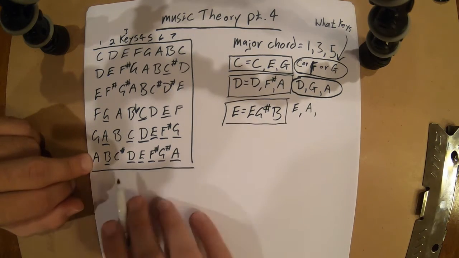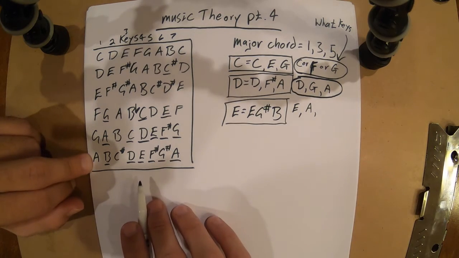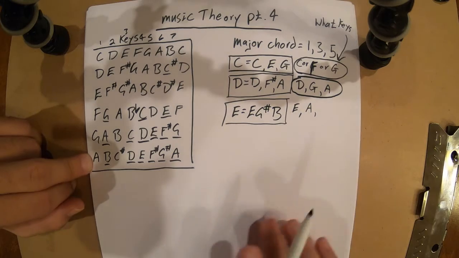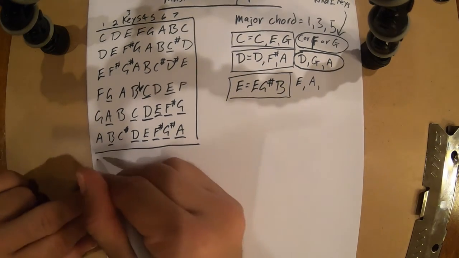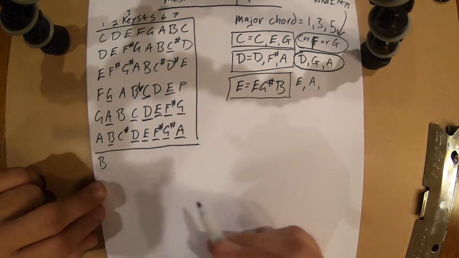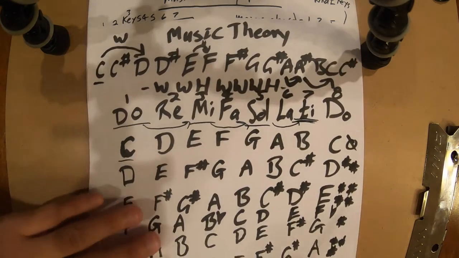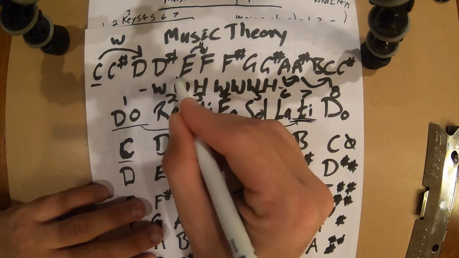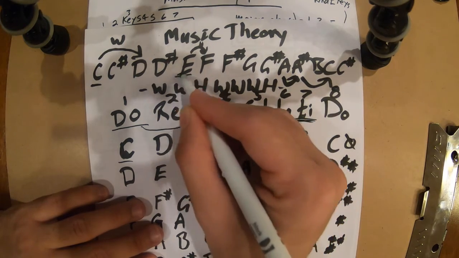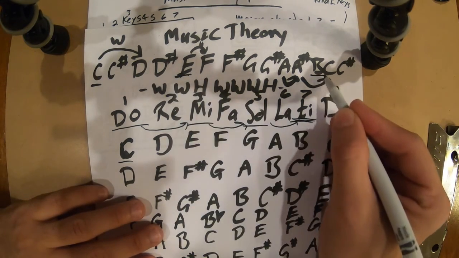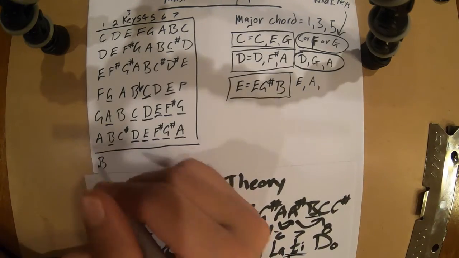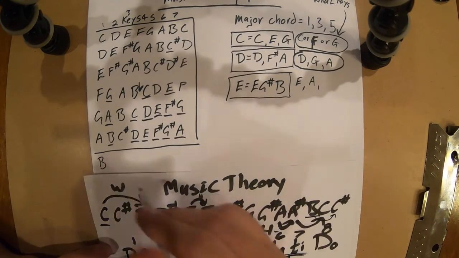I didn't write out the last scale that E occurs in, which is the key of B. Let's go ahead and solve that. We'll use our page from the very first lesson. So we have E. I'm sorry, not E. B. We can make a whole step to C sharp.